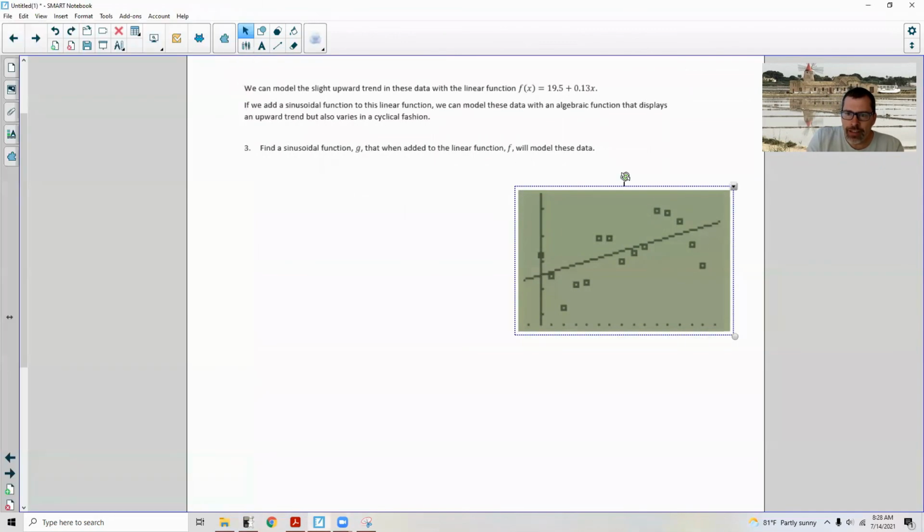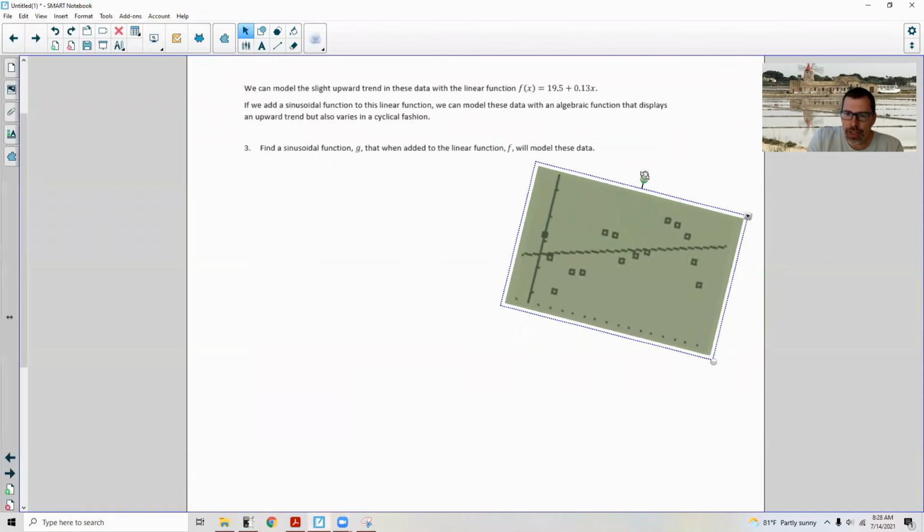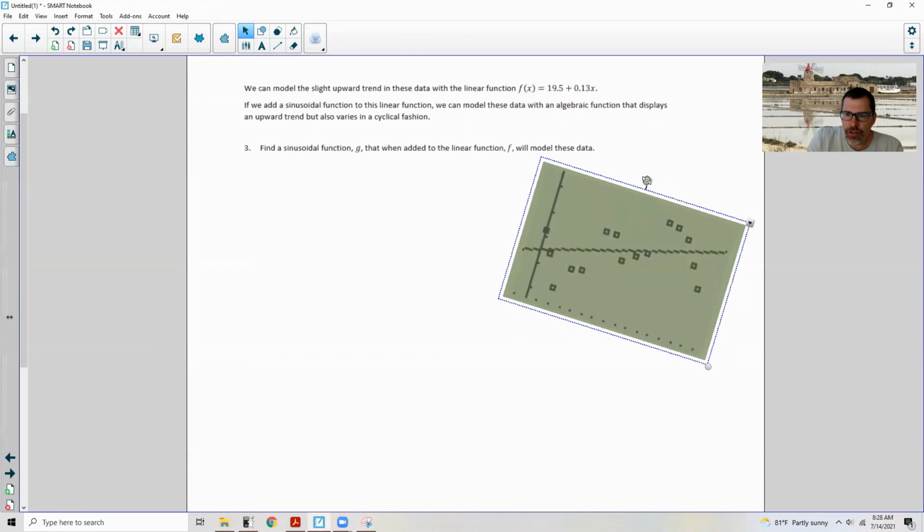Now, if I look at this and rotate it so that that linear function is horizontal, that would be my midline. So then if I were to graph this and draw a function now, it looks like the top's about here and the bottom is about here, and that's the midline. So this thing is sort of going like so.